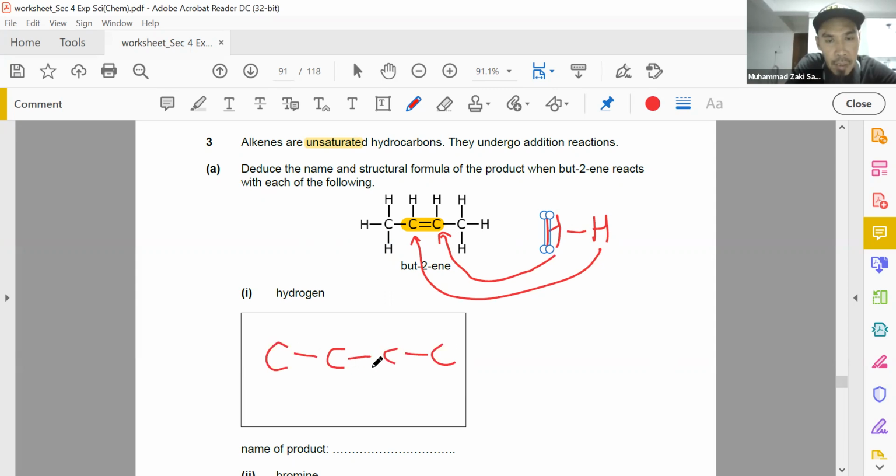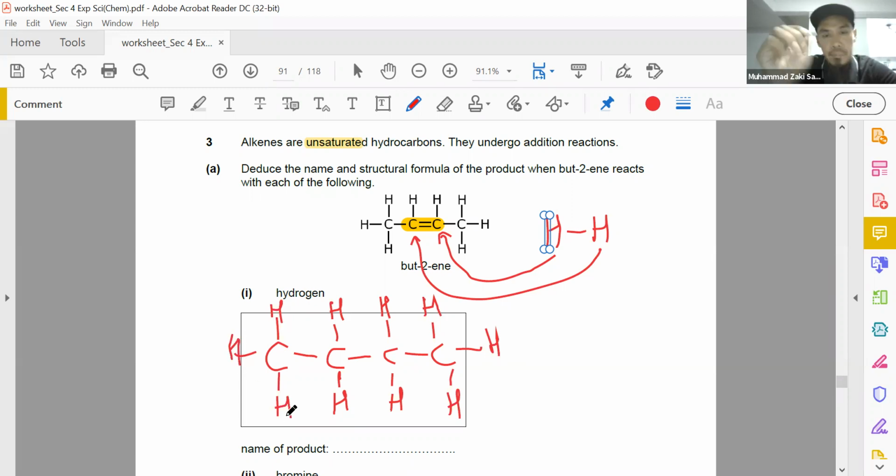Initially this one had a carbon-carbon double bond, now the carbon-carbon double bond will be gone, and the rest of the hydrogens are just copied. So the product is butane.